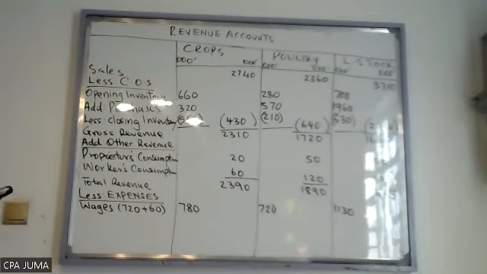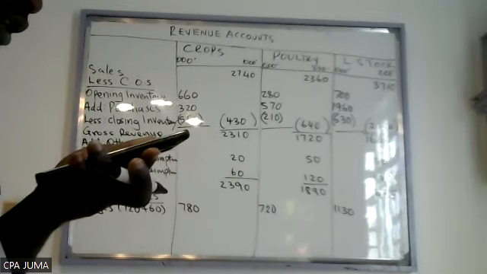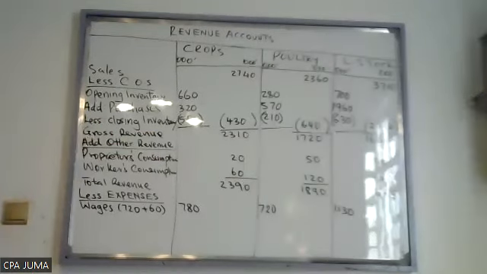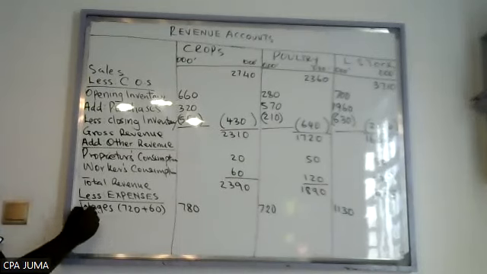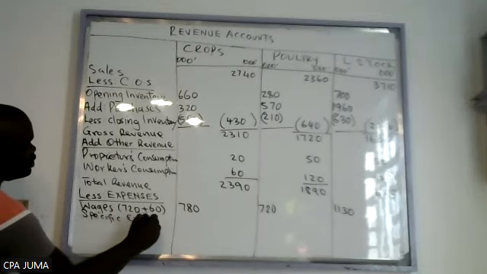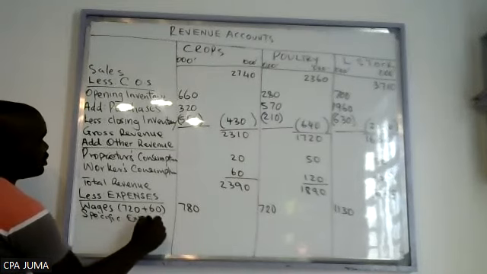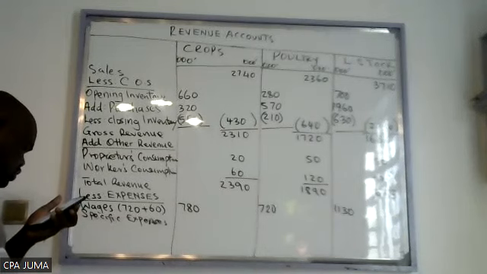Then, when you check the trial balance again, you will see crop expenses, dairy expenses, then poultry expenses. So call it specific. Give it just that name. Specific expenses. Specific expenses for crops.